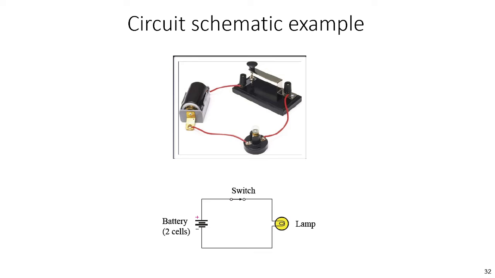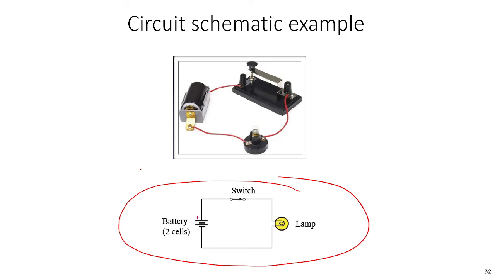In this circuit, we have a battery, a switch, and also a lamp bulb. If we close the switch, the lamp will be turned on. We use this type of symbol when we analyze the circuit.